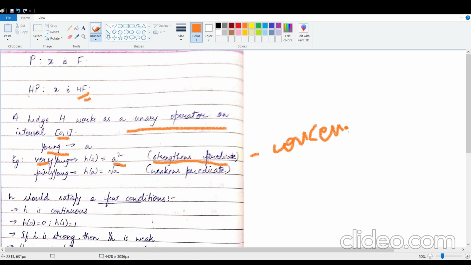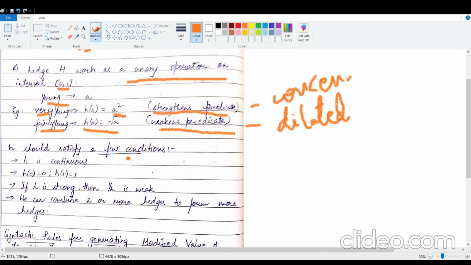And fairly young says that someone is not really young. So all you need to do is think about a way to dilate this graph. Square root of a will definitely dilate it, as in it weakens the predicate. So dilation is what you are supposed to be looking at. These were already discussed under the topic of fuzzy sets, so please do refer to those videos in case this is confusing to you.